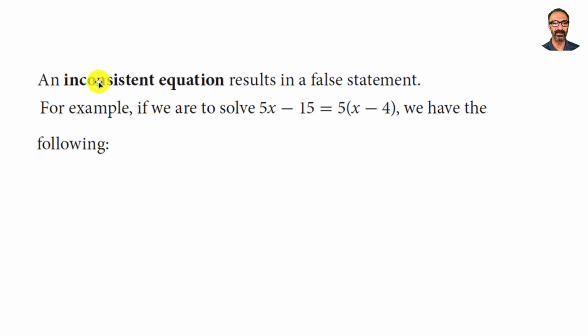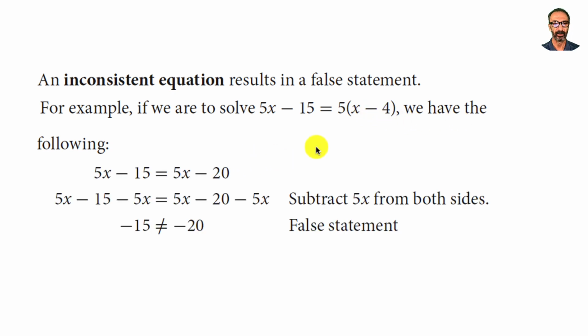An inconsistent equation results in a false statement, like 5x minus 15 equals 5 times x minus 4. That's not true. We have the following to verify. Try to solve it. Subtract 5x from both sides.